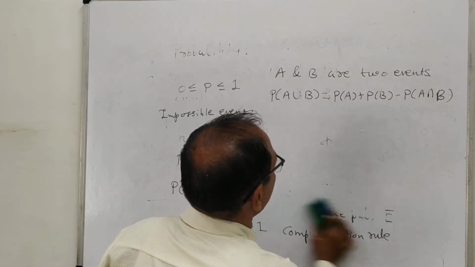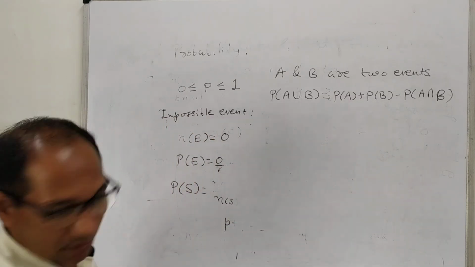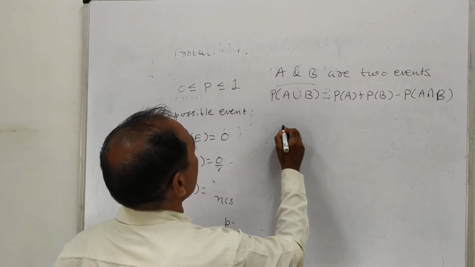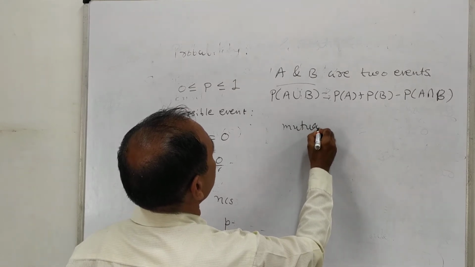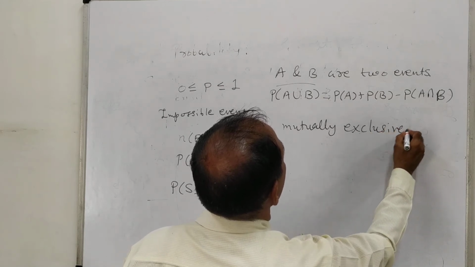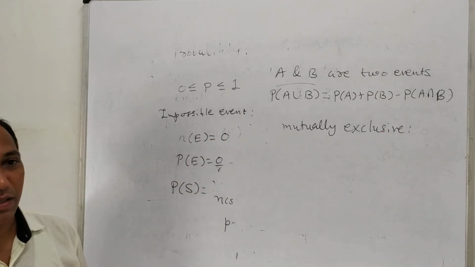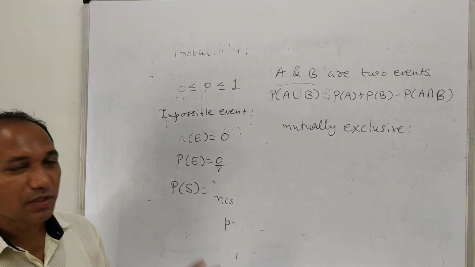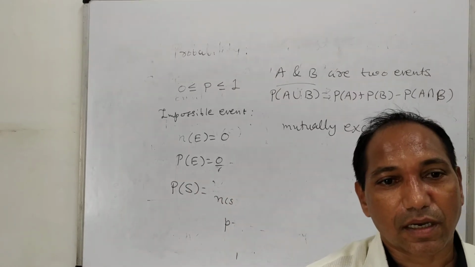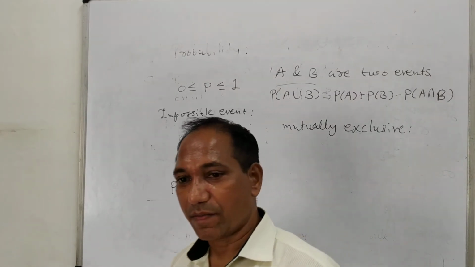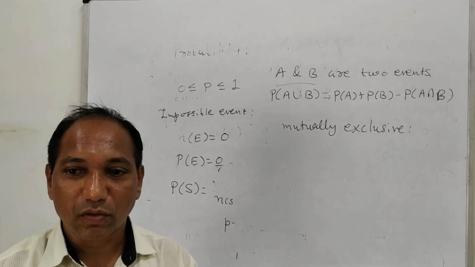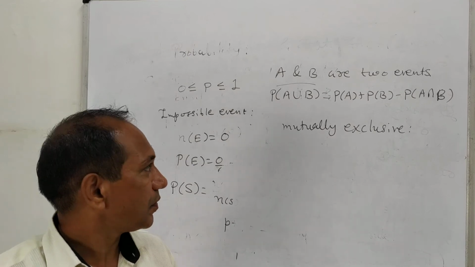But now in the same thing, if the events A and B are mutually exclusive, mutually exclusive means, as we have seen in the last lectures, that the occurrence of one event prevents the occurrence of another. The two events do not occur at the same time.